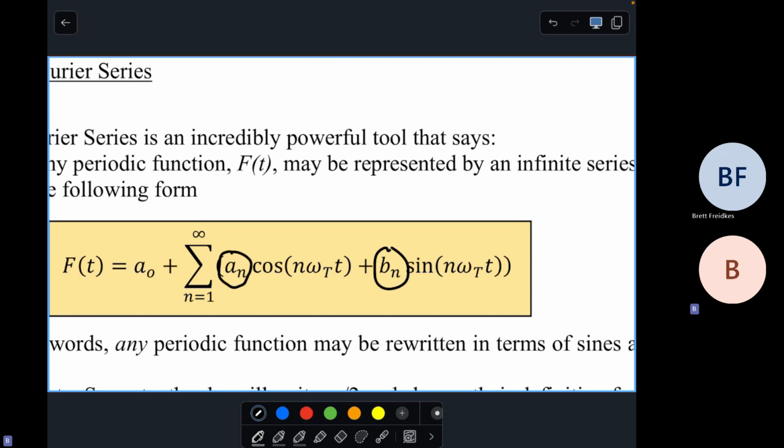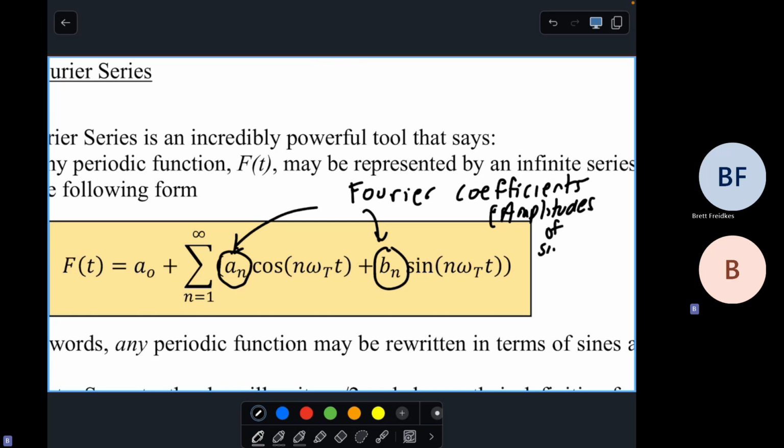Those are what we call the Fourier coefficients. Those are the amplitudes of the sine waves. So these things are the Fourier coefficients, which are the same as the amplitudes of the sine waves. Do we buy that? Do we believe that?